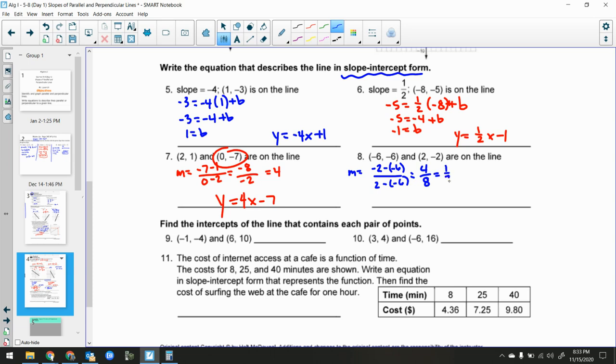So therefore, my slope is 1/2. Now, let's use this 2 comma negative 2. So y equals mx plus b. And we say negative 2 is equal to 1 plus b. Subtract the 1, I get negative 3 as my b value. So my final answer is y is equal to 1/2 x minus 3.